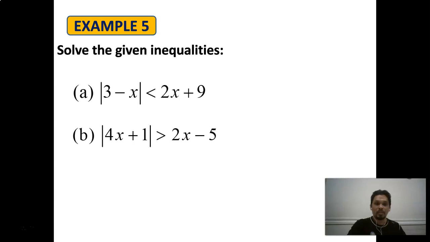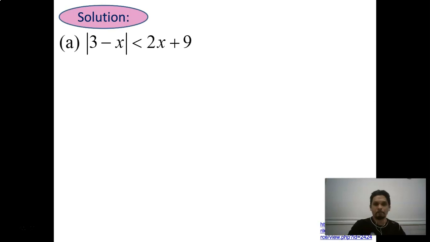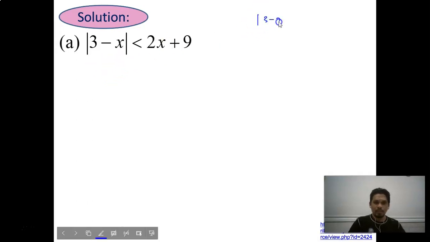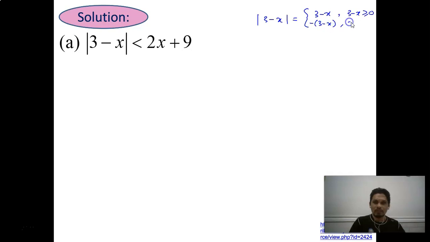Solve the given inequalities. Okay, what about this one here now? It is the modulus of 3 minus x. It's either 3 minus x for 3 minus x greater than or equal to 0, and negative of 3 minus x for 3 minus x less than 0.